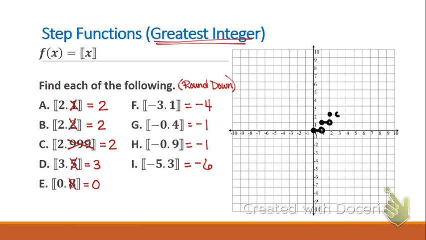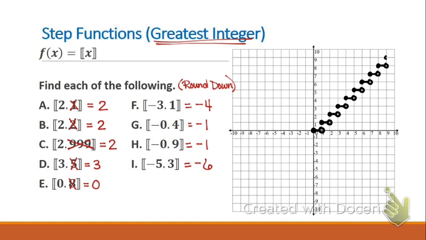And I keep seeing this pattern repeat where it's a filled in circle on the left and an open circle on the right, and it looks like steps hanging out in space on my graph here. There we go, all the way up. So this is what the parent greatest integer function looks like.